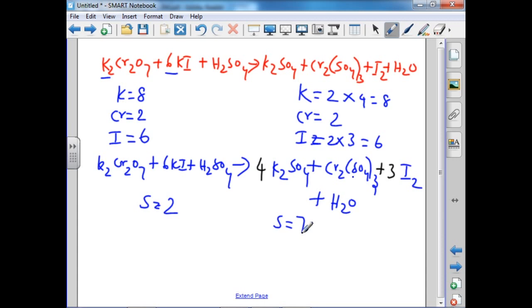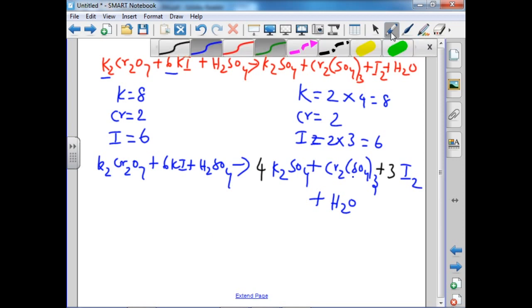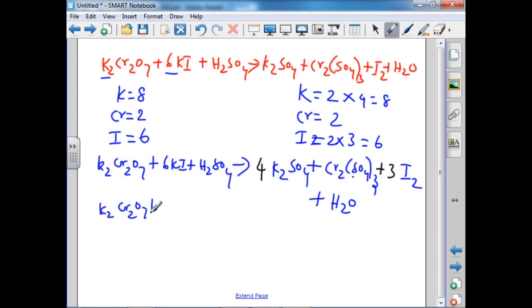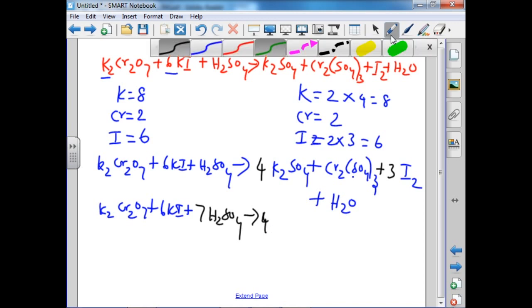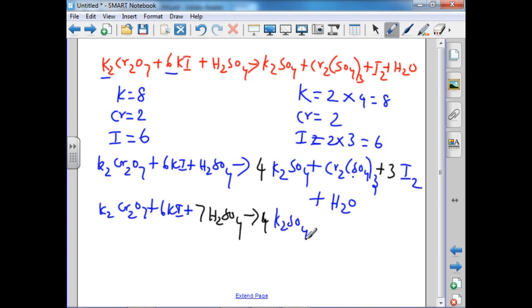So multiply H2SO4 by 7. Then K2Cr2O7 plus 6 KI plus 7 H2SO4 gives 4 K2SO4 plus Cr2(SO4)3 plus 3 I2 plus H2O.